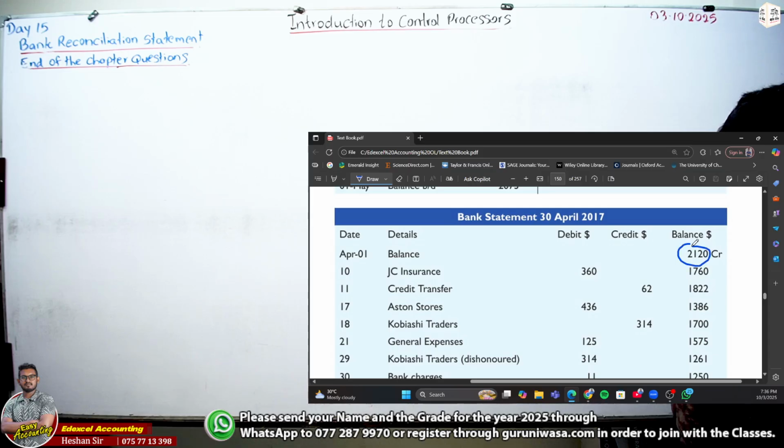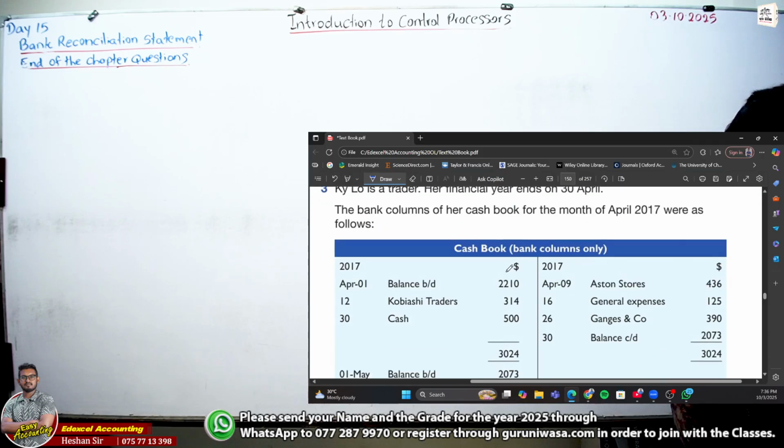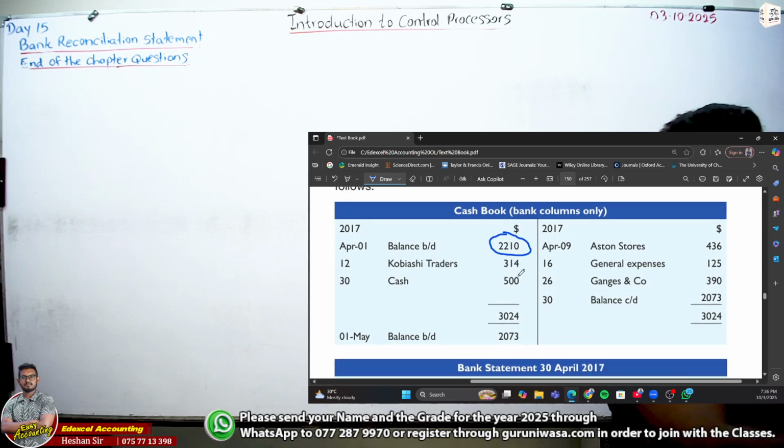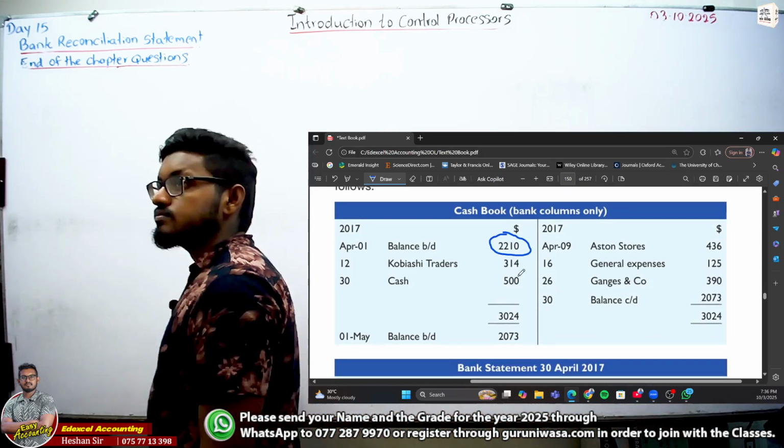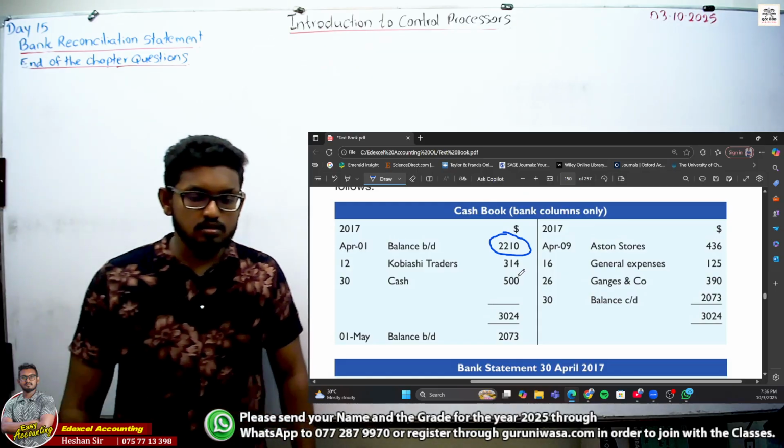Highlight, circle it. Opening balances are not tallying. Circle both.